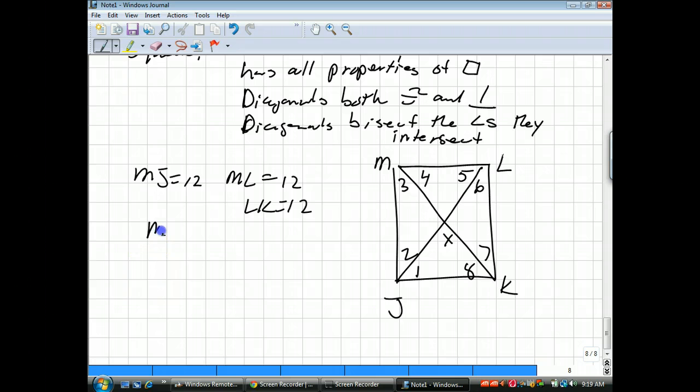If MX equals 8, then XJ has to be 8. Okay? And the measure of angle MJK has to be 90 degrees. Okay?